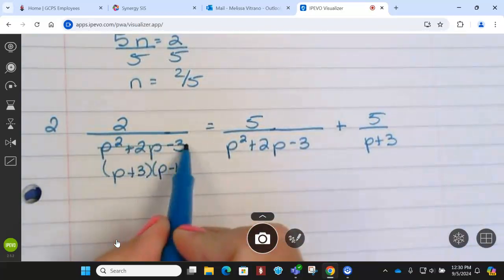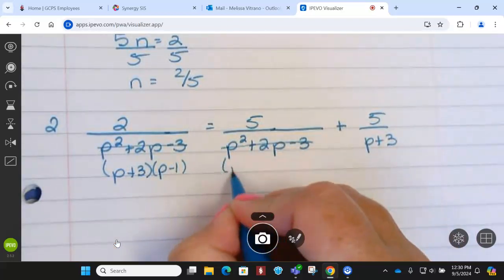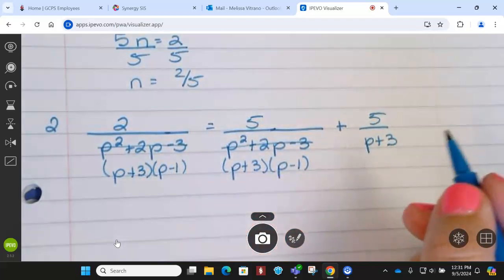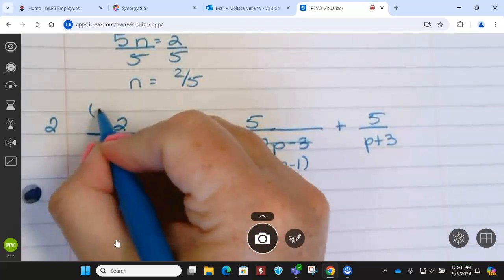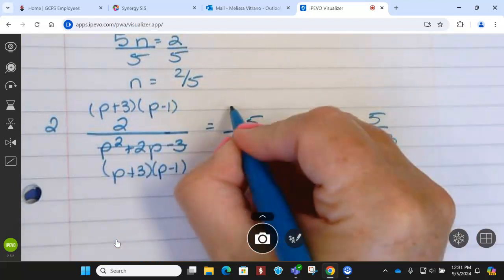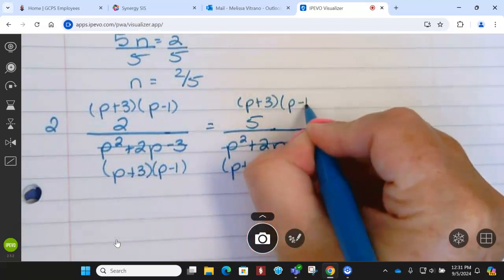So what I'm going to do is replace this as my new denominator. And I'm going to do the same here, p plus 3. Okay, so now this is the more complicated denominator. So what I'm going to do is multiply everything, every stinking little thing, by p plus 3 and p minus 1.